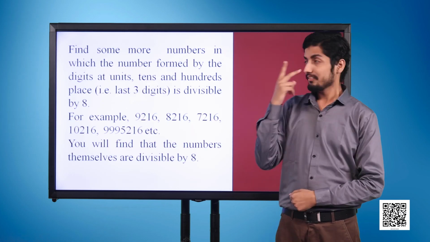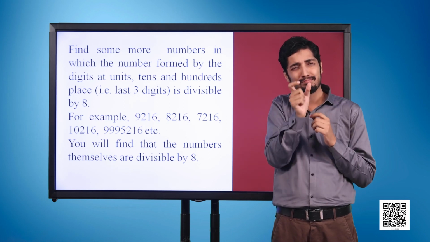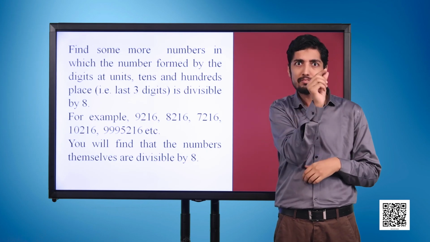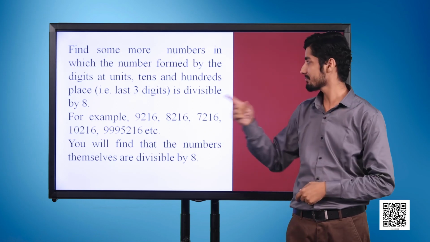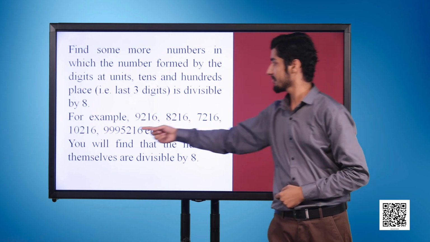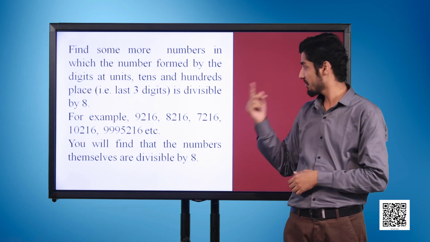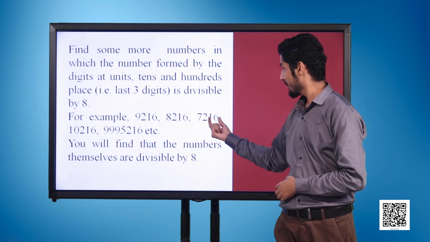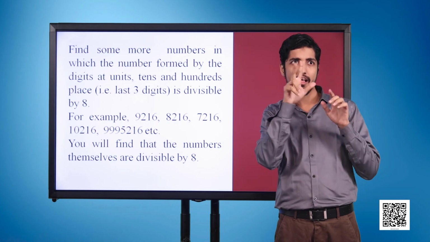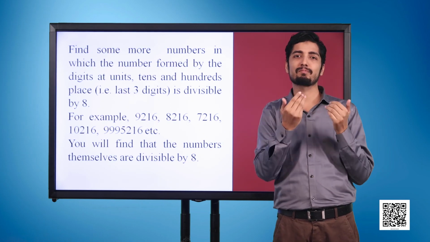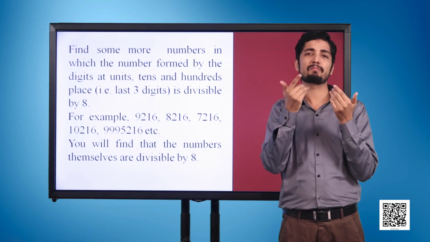Find some more numbers in which the number formed by the digits at units, tens and hundreds place, that is, last 3 digits, is divisible by 8. For example, 9216, 8216, 7216, 10,216, 99,95,216, etc. You will find that the numbers themselves are divisible by 8.